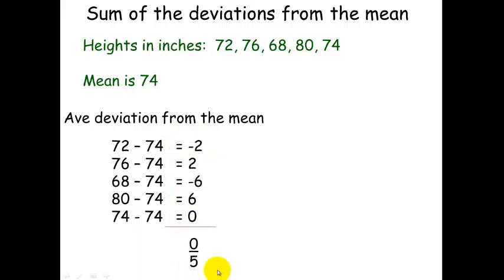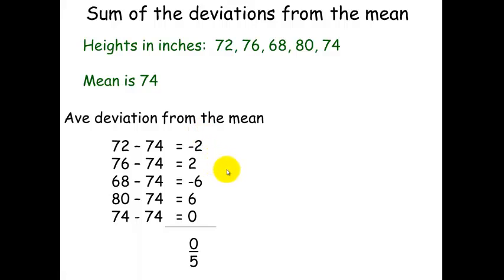Once we get the average, add everything up, you'll get negative 2 plus negative 6 plus 6 plus 0 divided by the number of terms, 1, 2, 3, 4, 5. So we have 0 divided by 5. The result is equal to 0. The average deviation from the mean is always equal to 0.